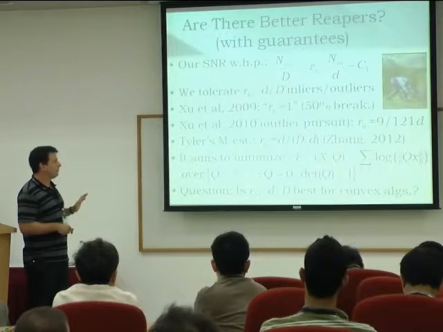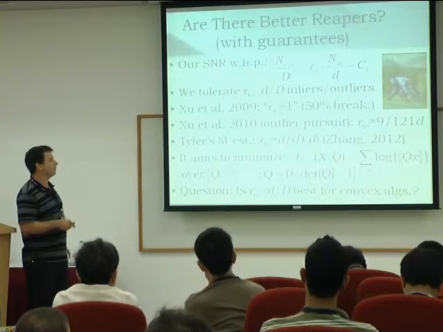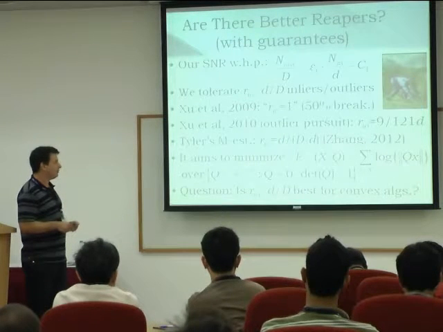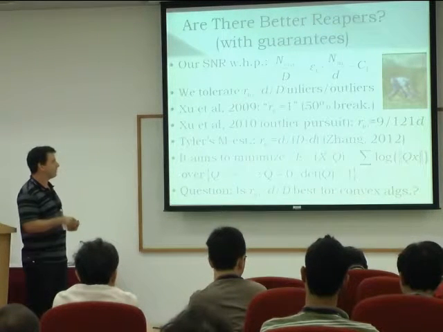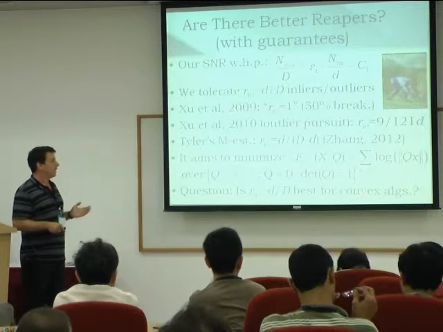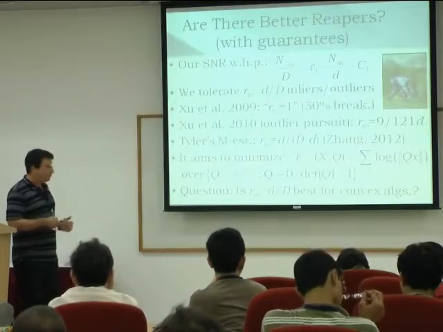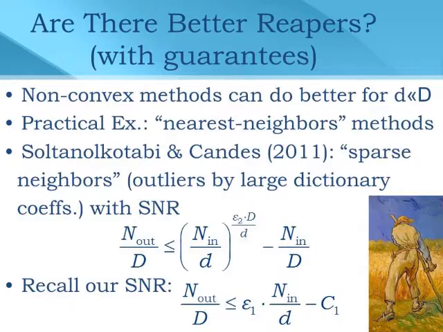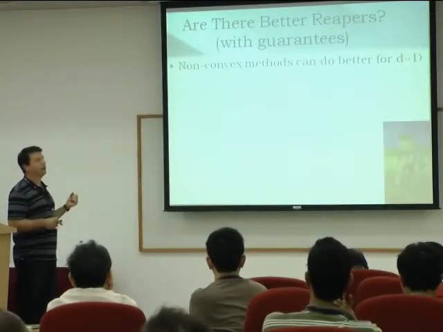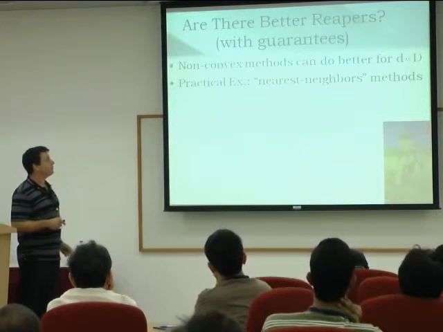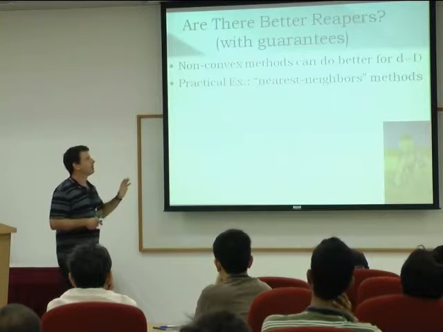So one question is: if you are in the convex region, or maybe even geodesically convex, is the ratio of little d over capital D, or capital D minus d, the best one? Or can you obtain an even better one? I don't know the answer, but what I know from experience, and even from some recent results, is that if you have some non-convex methods or heuristics, you can even do better when little d is much smaller than capital D. One thing that I have a little bit of experience with is a nearest-neighbors type method.